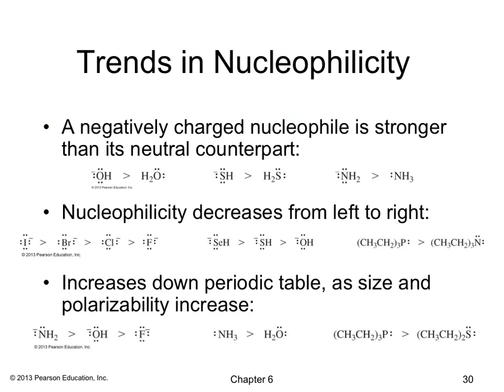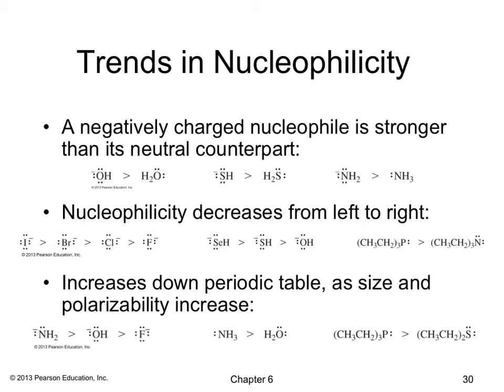So if we look at trends in nucleophilicity, a negatively charged nucleophile is stronger than its neutral component. So the hydroxide will always be a stronger nucleophile than the neutral component here. Again, here's your thiol, and here's your amine, or actually, this is your amine, and this is your nucleophilic amine.